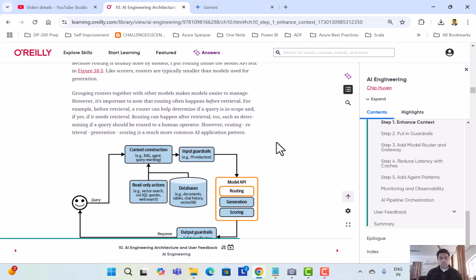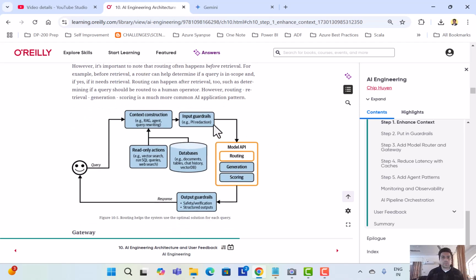So just to make you understand what I am thinking. The author is saying that routing should be before retrieval. Now, retrieval is only there for RAG systems, or maybe retrieval is there for other context construction systems where you are trying to get the data from some APIs. That thing is not clear to me.